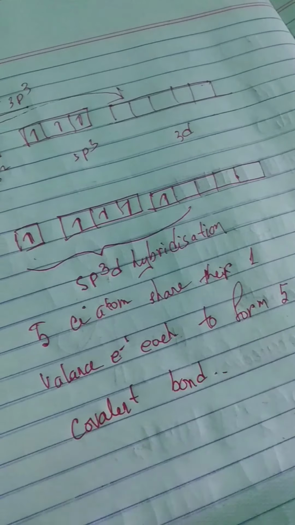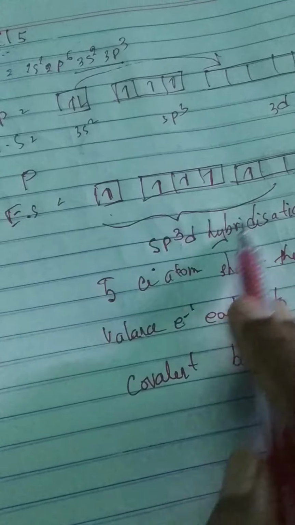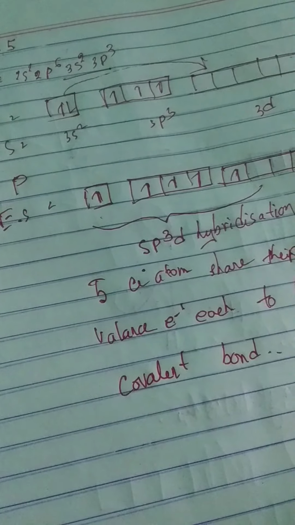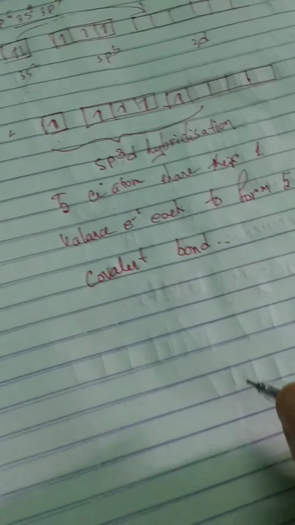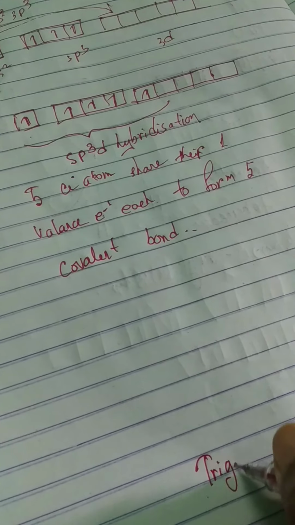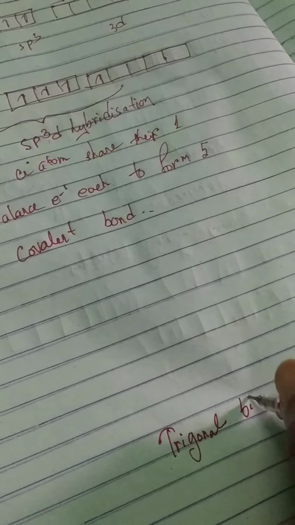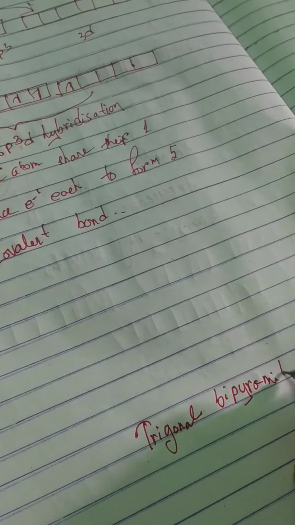Now see, I can't see any lone pair in this hybridization, no lone pair. So whatever the geometry is, that will be the shape. So sp3d hybridization means which structure? You have to remember the structure's name: trigonal bipyramidal.